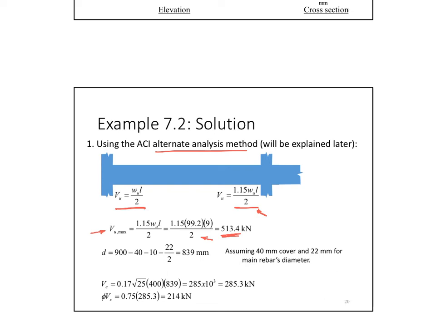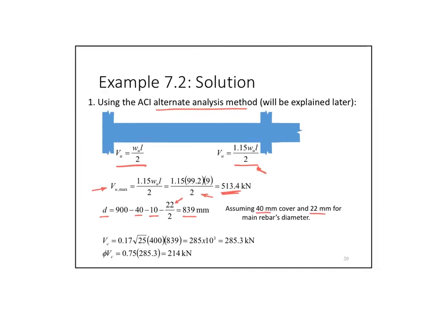Then calculating your d: since I have a stirrup size 10 and a main bar 22, I simply say 900 minus the concrete cover minus 10 minus 22 over 2. That gives me 839 millimeters. Those are assumptions, and this was given in the example.